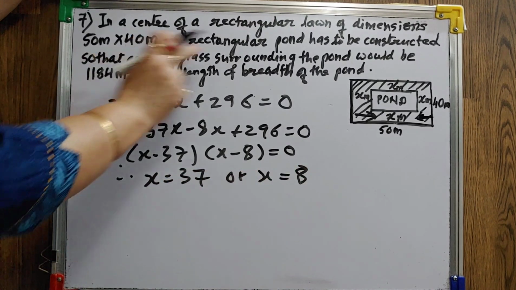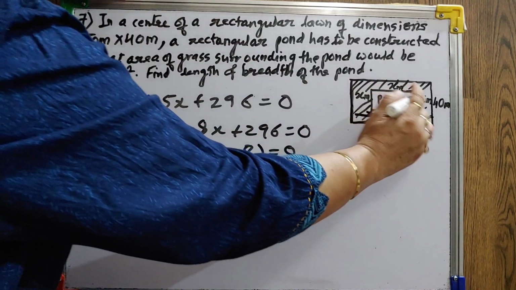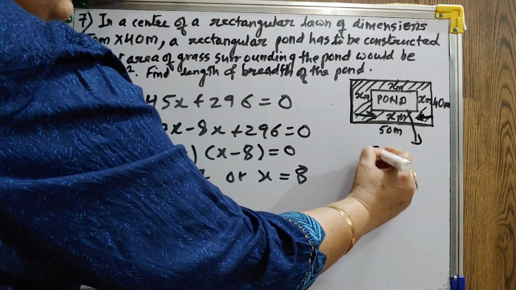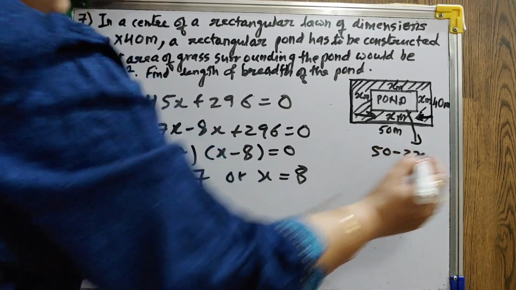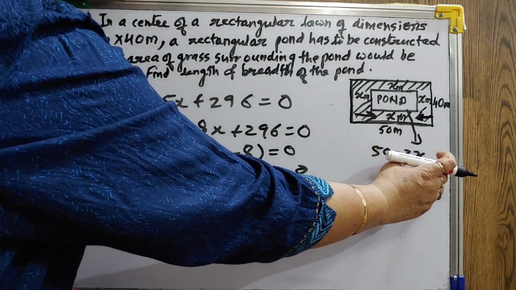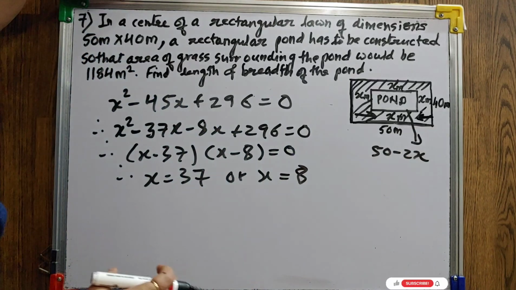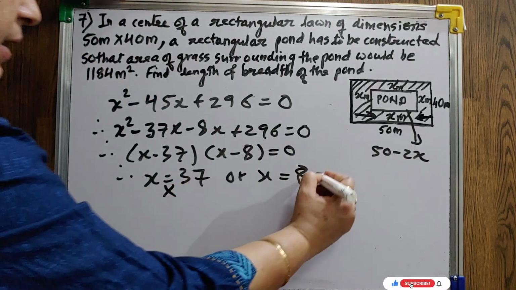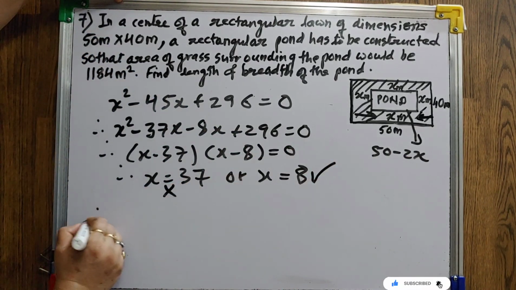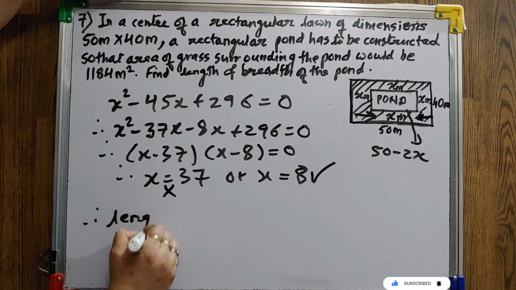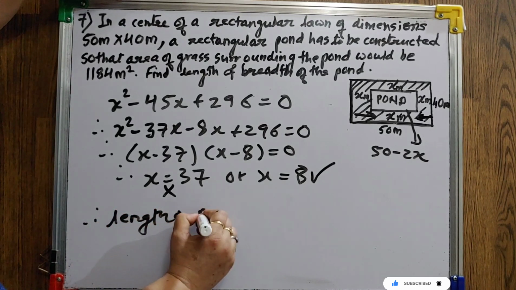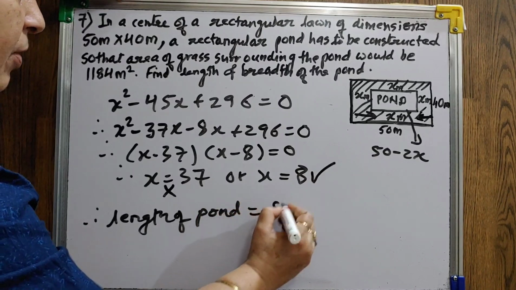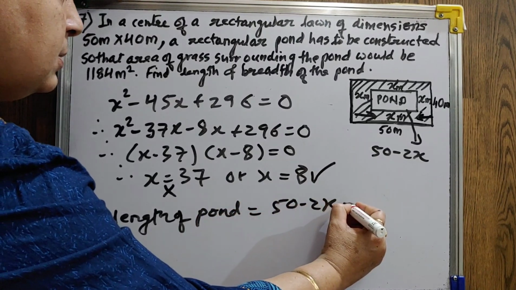Now length and the breadth of the pond. Now you know that this length, it is 50 minus 2x. So 37 twos are 74, 50 minus 74 will give you negative. So this we will discard. This is your main value, x equals 8. So therefore, length of pond, that is 50 minus 2x.